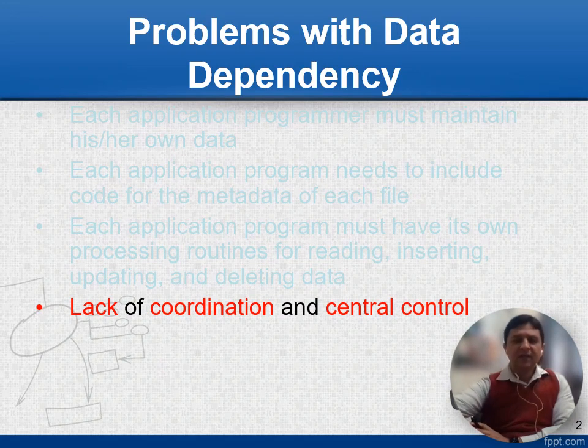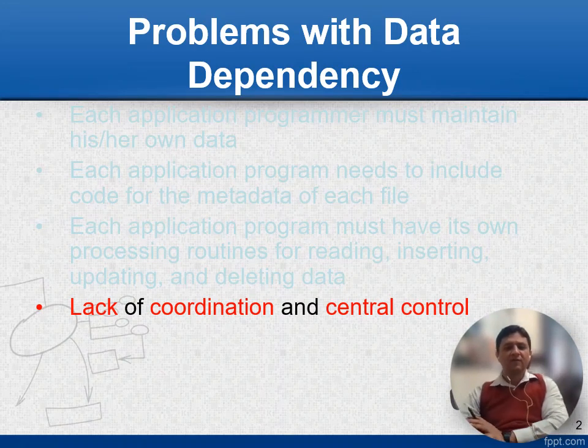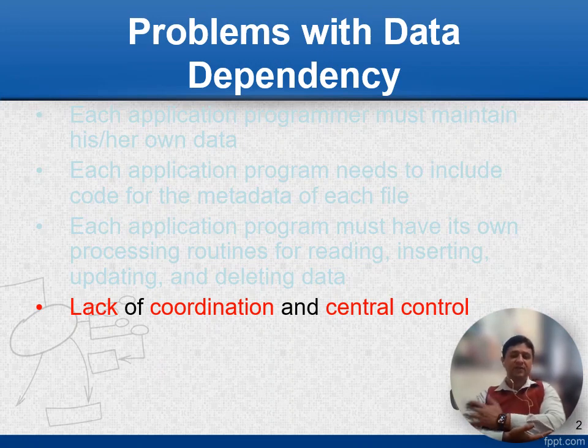And finally, there was a lack of coordination and central control, because there was no centralized agent that could take care of the sharing of data and provide controlled access to that data.